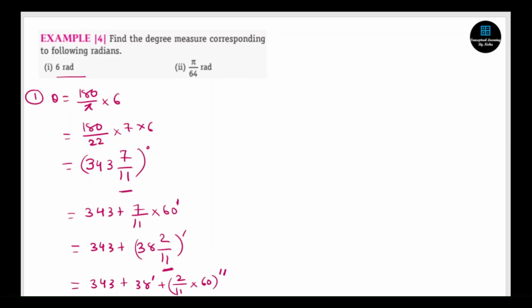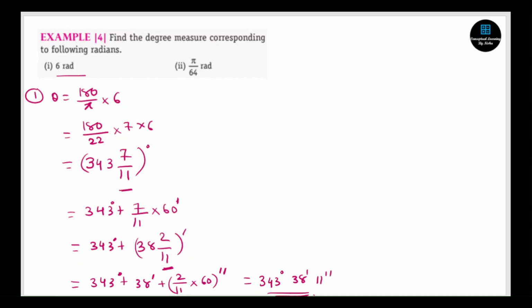So what do we get? When I simplify this, I'll get 10.9 seconds, which I have to take approximately as 11. So 343 degrees, 38 minutes and 11 seconds. So this is the answer.